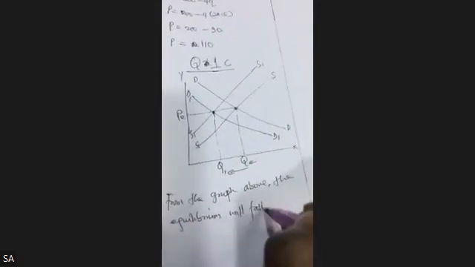Since I am using my graph to illustrate, we can say from the graph above, the equilibrium quantity will fall from QE to Q1, while the equilibrium price remains unchanged.